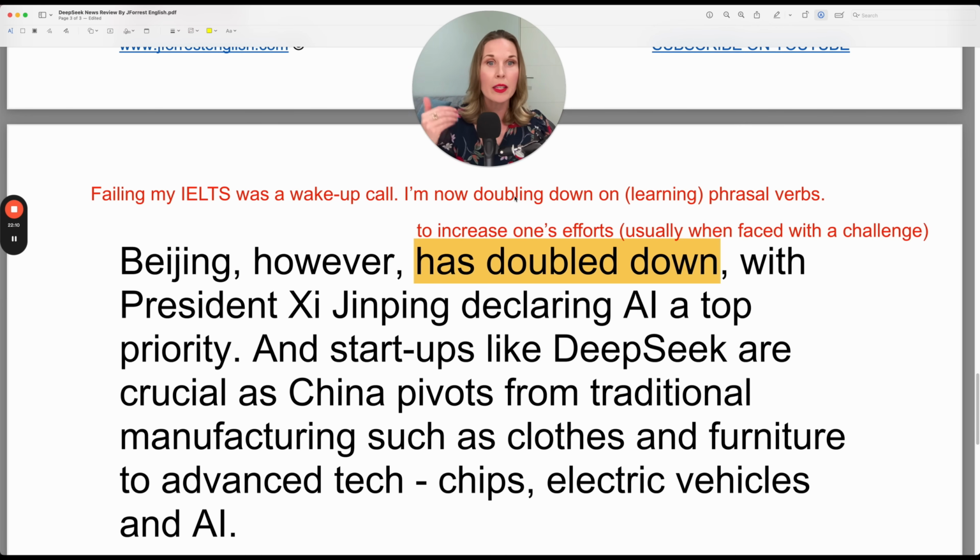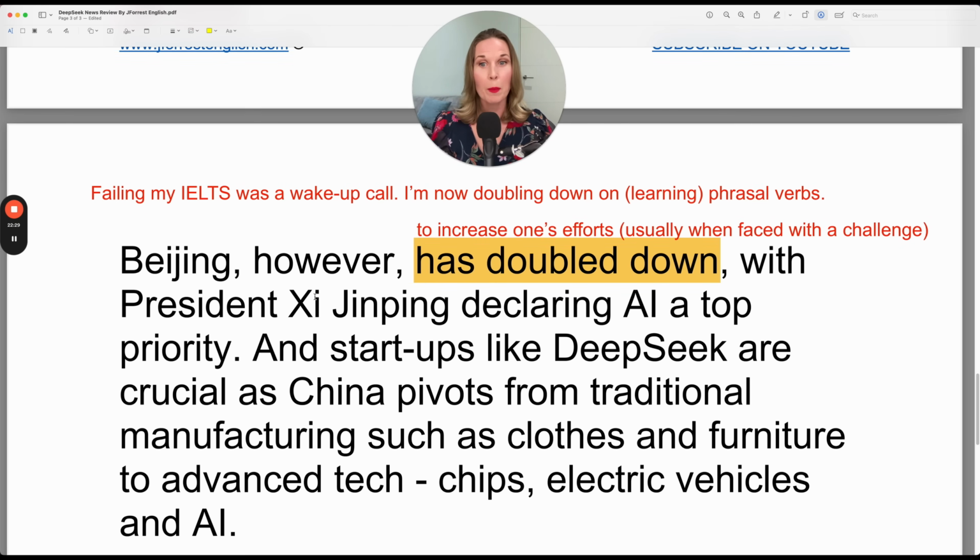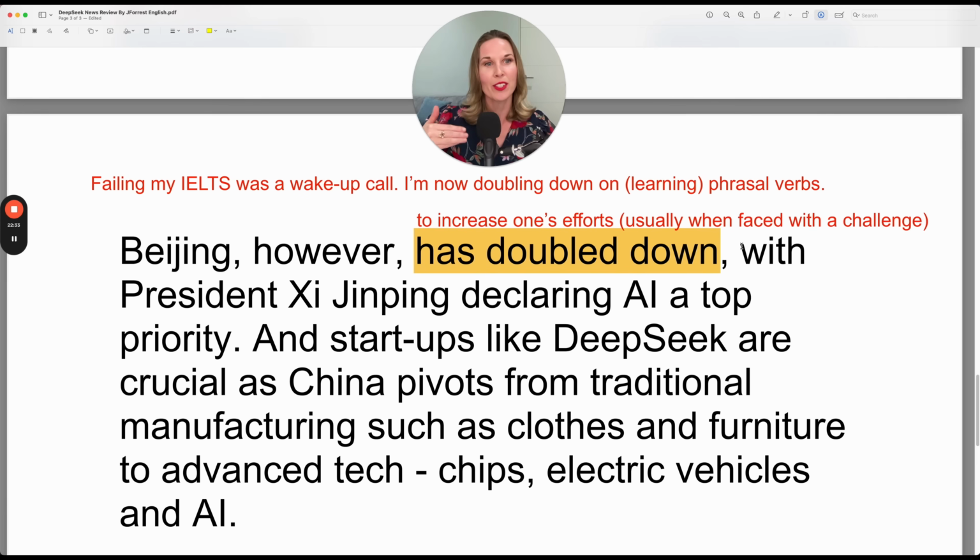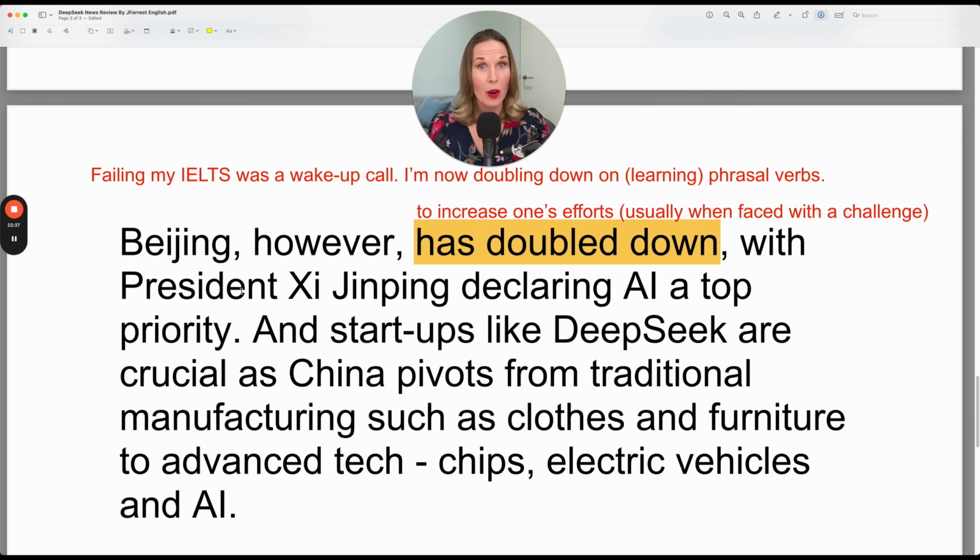I am doubling down. I just added the word now. I'm doubling down on learning phrasal verbs because maybe your lack of phrasal verbs was the reason you failed your IELTS. So you're going to increase, maybe double your efforts in this specific area. Beijing, however, has doubled down, so has increased its efforts, with President Xi Jinping declaring AI a top priority.